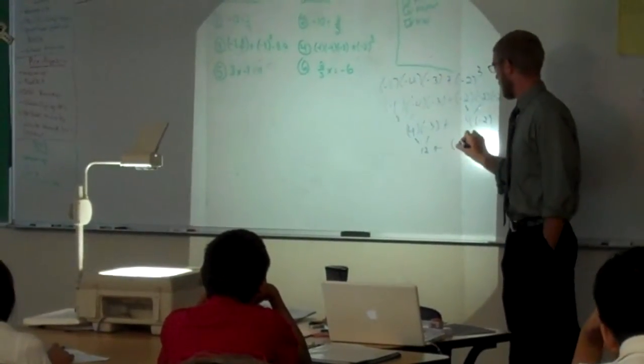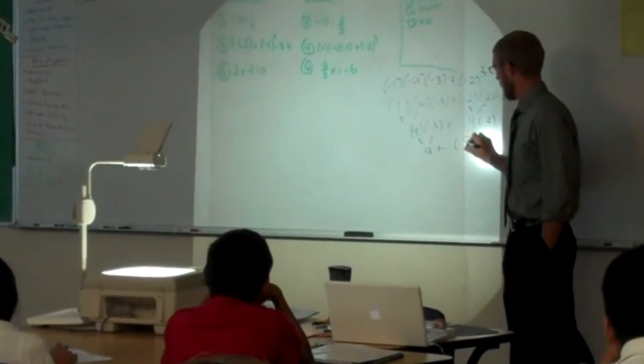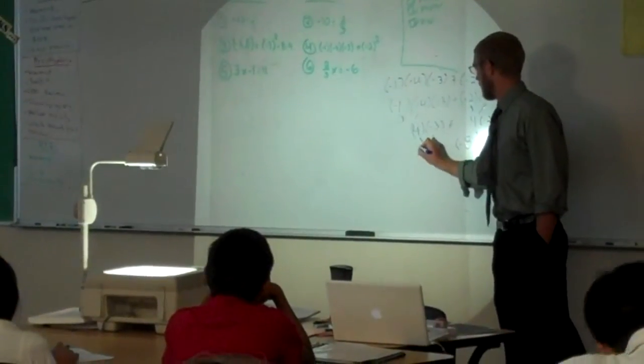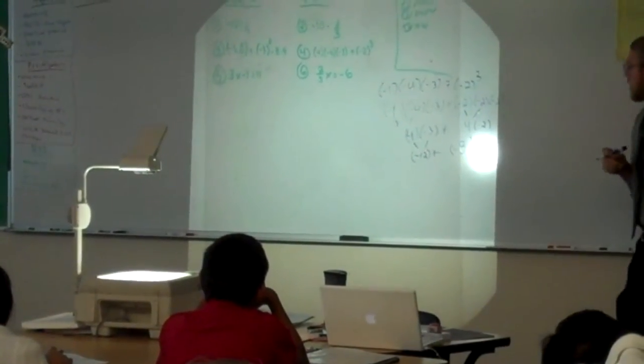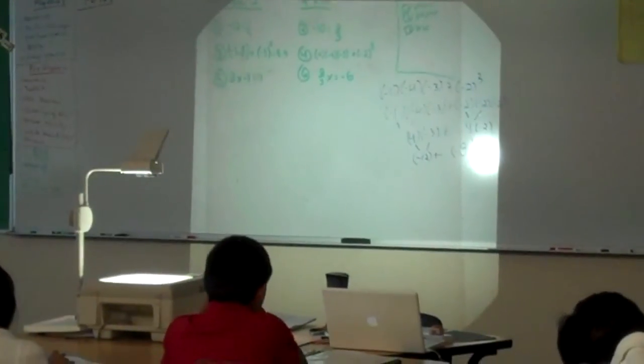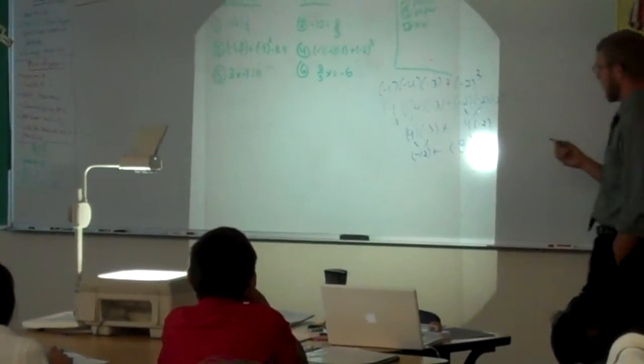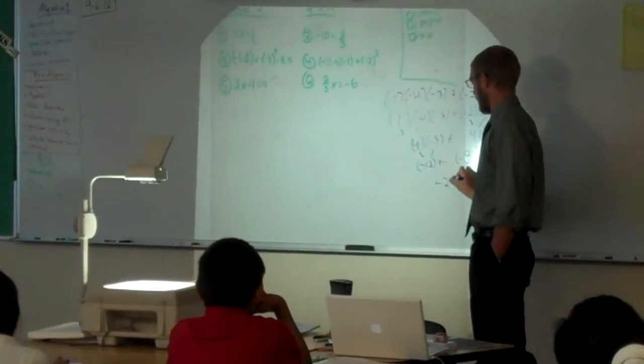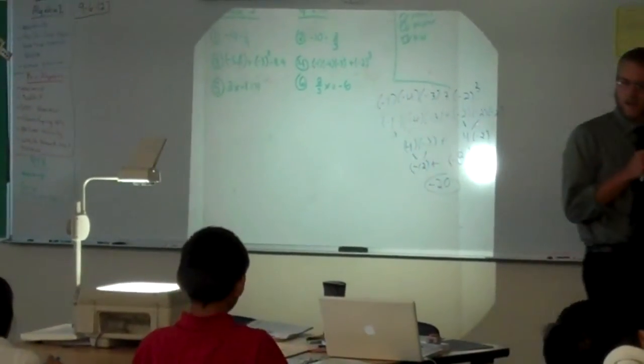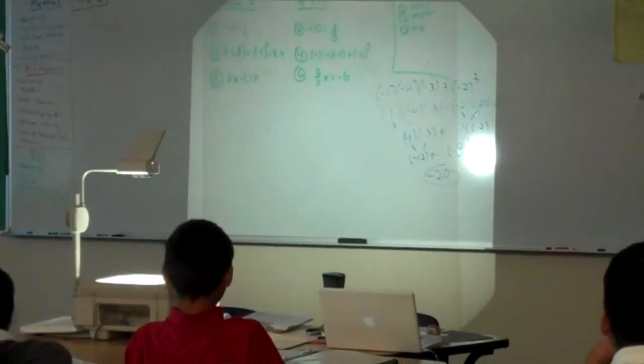Negative 8. Oh, I got negatives in here. So negative 12 plus negative 8, Laris. Negative 20. So check your work, figure out where you made your mistake, and get that fixed.